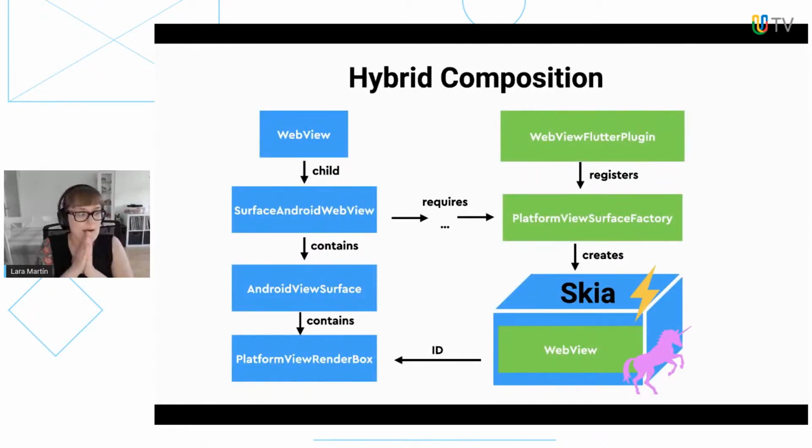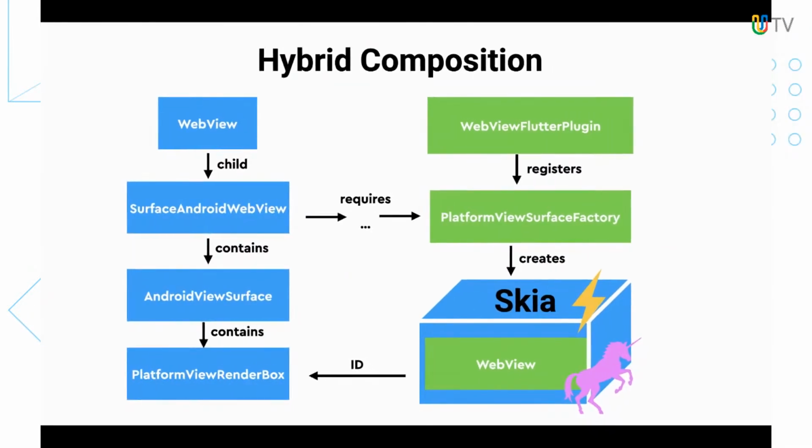So I tried to make a diagram of what is happening, but I'm still not sure of all the details. But so far, what I understand is that in hybrid composition, instead of Flutter creating an Android view, it creates an Android view surface that will also generate a render box ultimately.